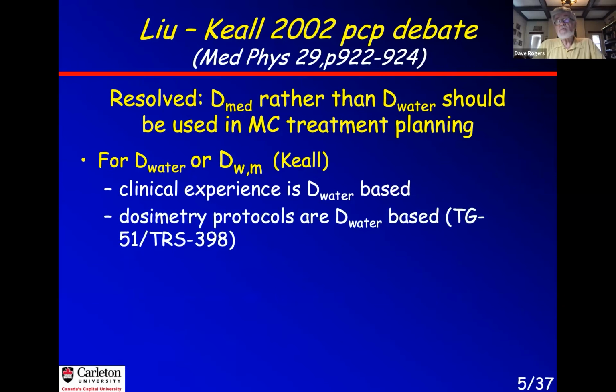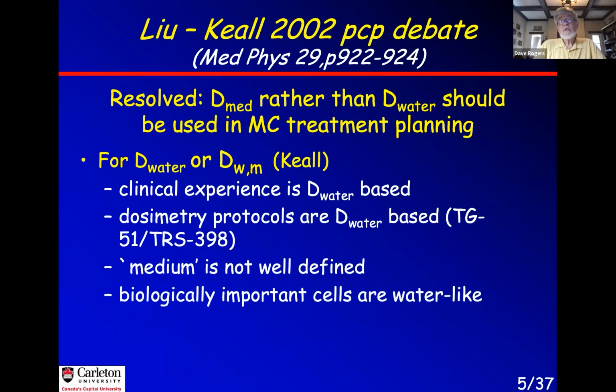Many dosimetry protocols are based on dose to water, as I mentioned before, TG51 or TRS-398. And the medium is not necessarily well defined, so it's easier to talk about dose to water. And again, I'll show you some complications there later.